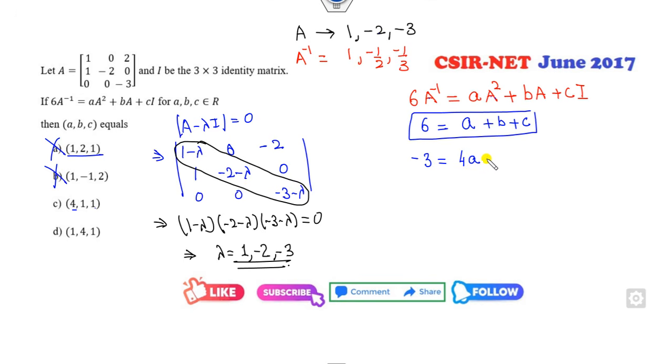Square is 4A minus 2B plus C. Now we can check that. 4A is 16, minus 2 plus 1. Is it minus 3? No. This option is cancelled. Check the fourth option. 4 minus 8 plus 1, minus 7 plus 1. Yes, minus 3 satisfied. So D is the only right answer of the problem. There is no need to apply the Cayley-Hamilton theorem, just use the eigenvalues.